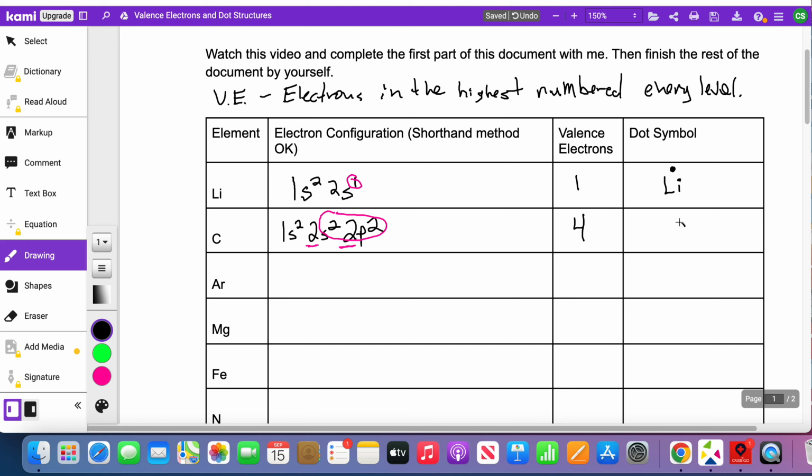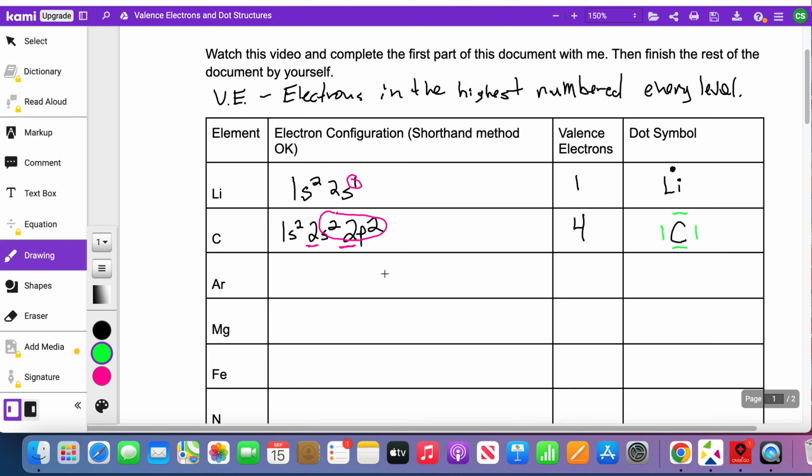Now, to draw the dot symbol, you might come across in a book that says you always got to pair electrons up or something like that. But I don't like to do it that way for bonding reasons later on. So anyway, we have to show 4 dots. The only rule is that you can only have a maximum of 2 dots per side of the element. So let's pretend we have this side, this side, this side, and this side.